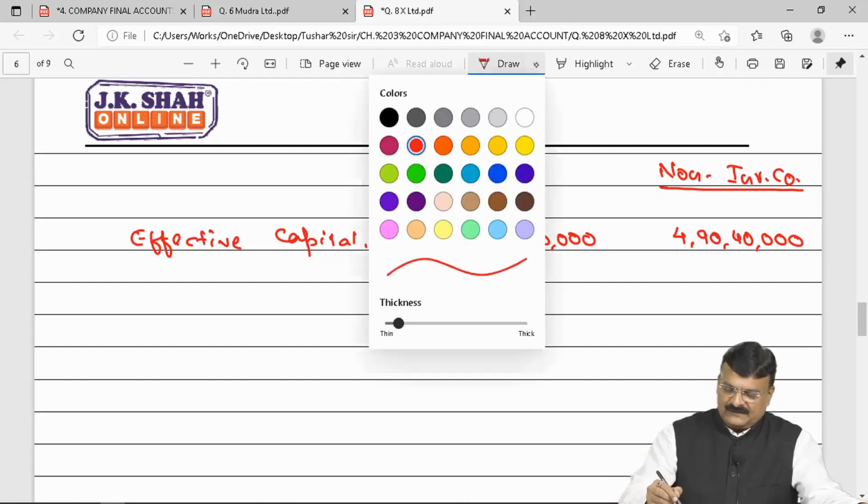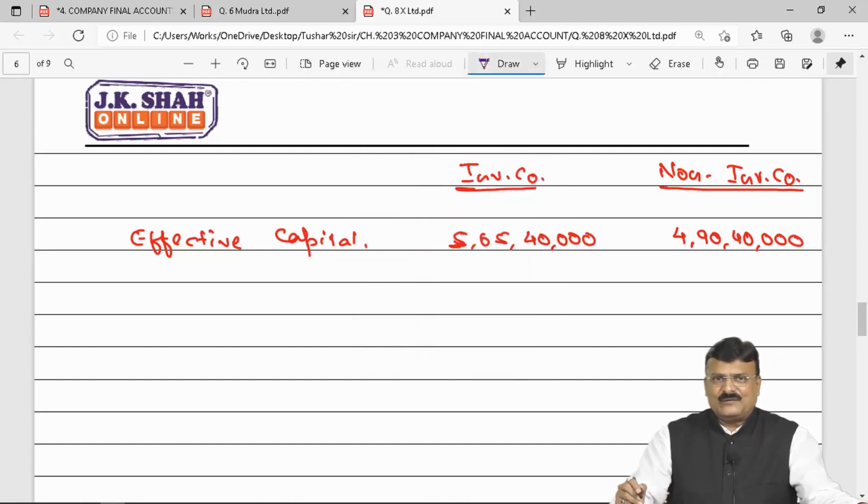Of course, you can very well see, friends, the slab changes. The first slab is up to 5 crores, second slab is above 5 crores. Here, the answer is going to change.